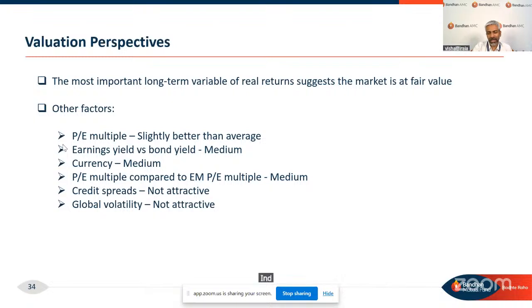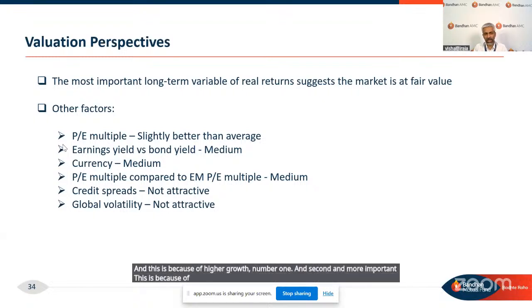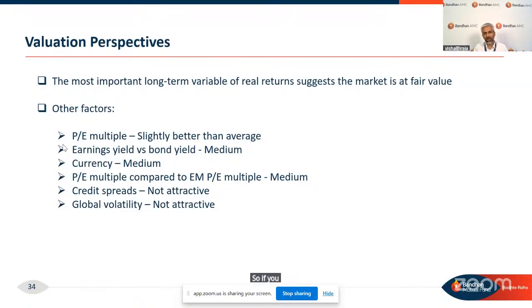Indian markets have always been traditionally more expensive than the global peers, and this is because of higher growth, number one. And second, and more important, this is because of higher return ratios. If you look at ROE of Nifty 50, we are at 20%, whereas if you look at Hong Kong, they are at 6%.